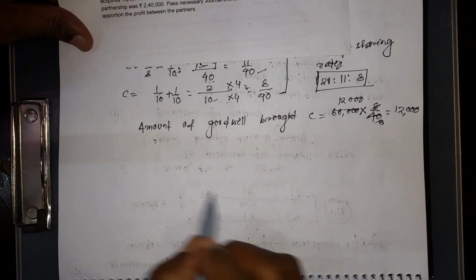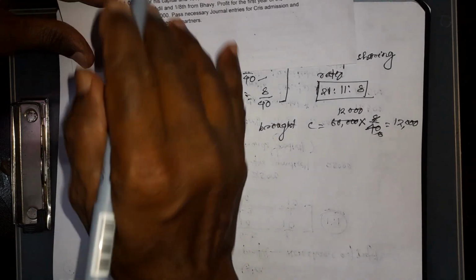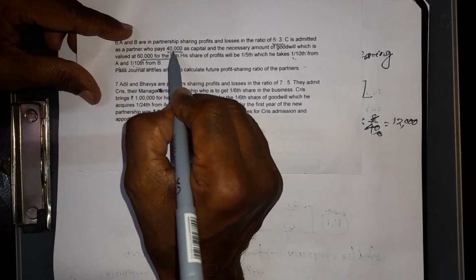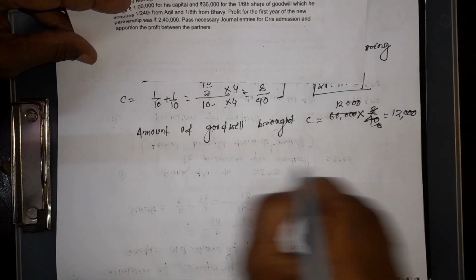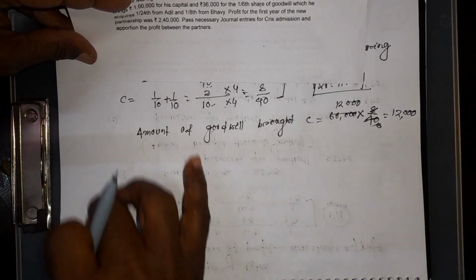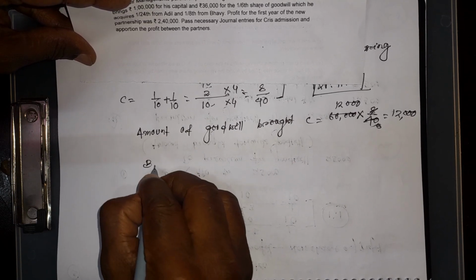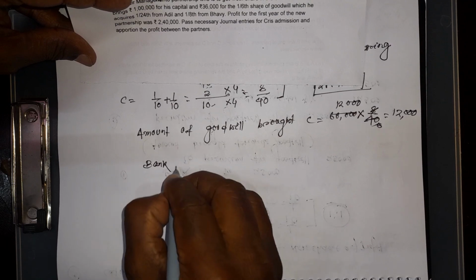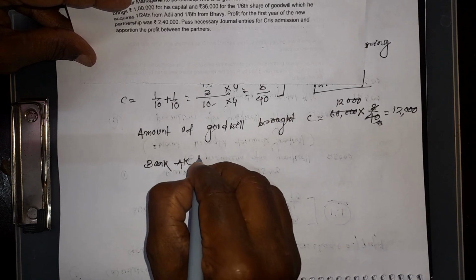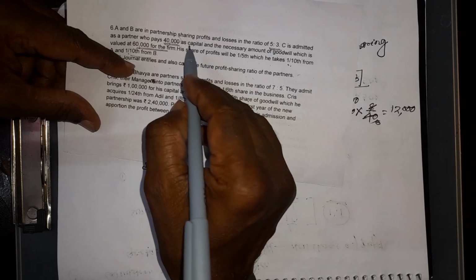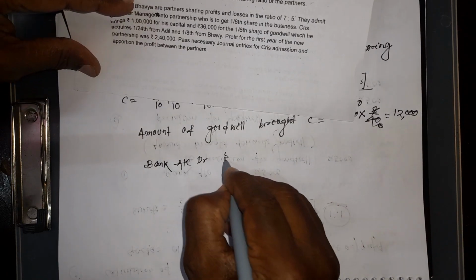Clear? So journal entry you have to pass first. How much amount he brought to the firm? 40,000 capital and 12,000 for goodwill. So journal entry, I already told you, always draw the format. First you will write bank account or cash account, you can write it. Bank account debit 40 plus 12, 52,000.